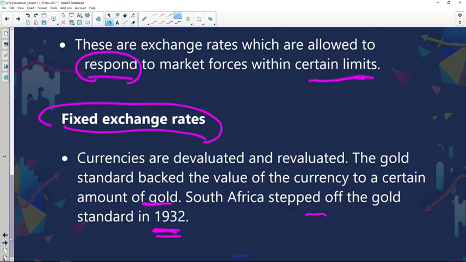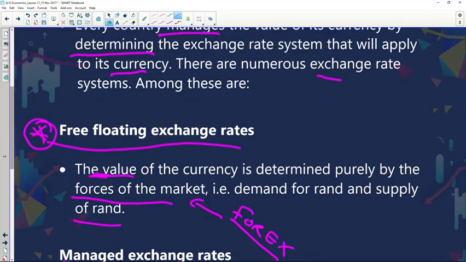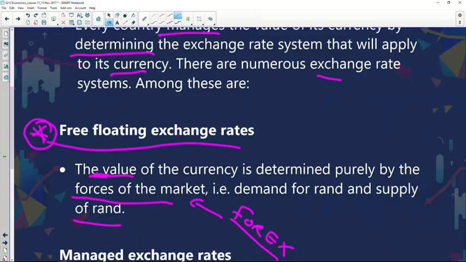All right, so now we've gone through the different exchange rate systems that a country could possibly use in order to manage its own currency and also the value of the currency. So we've looked at the free floating exchange rate, which is driven by the forces of demand and supply.